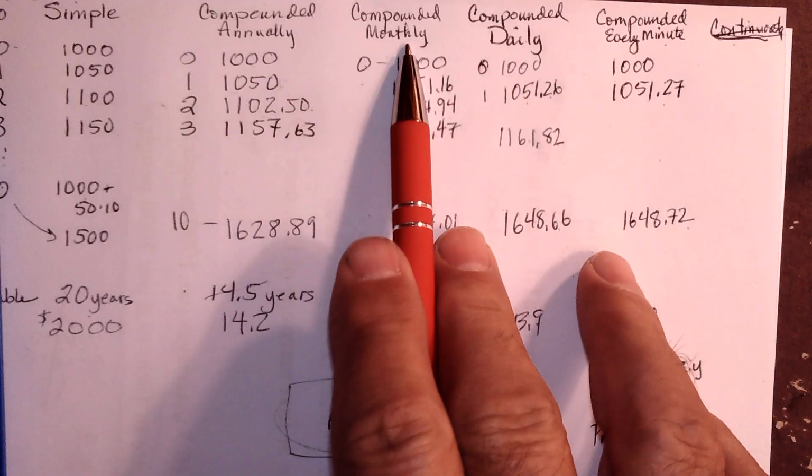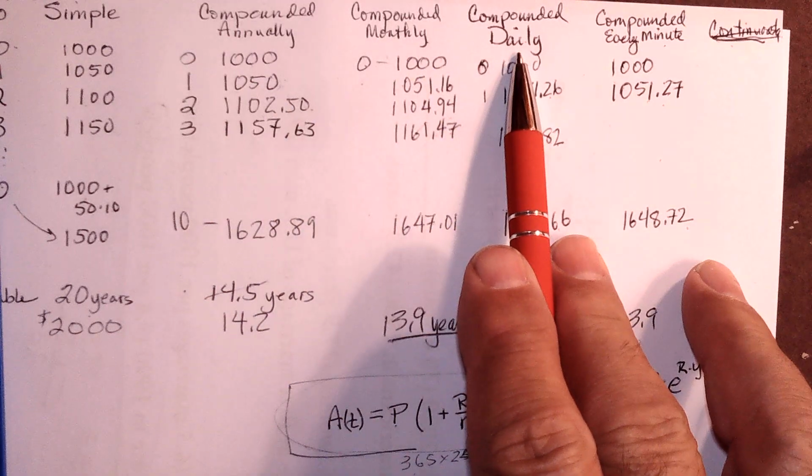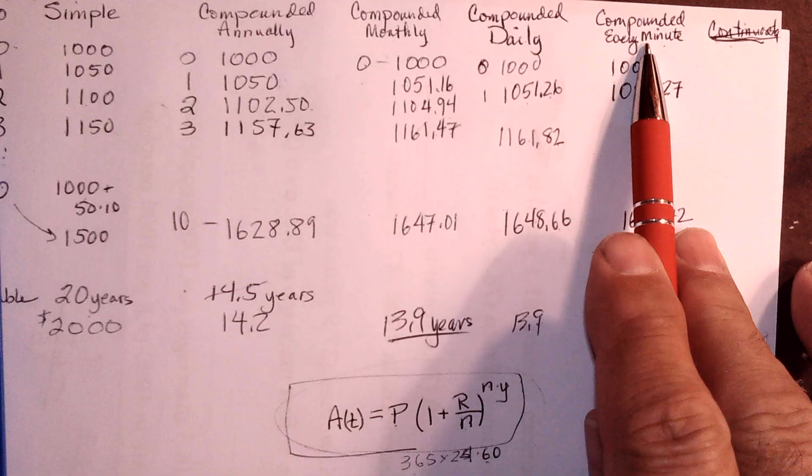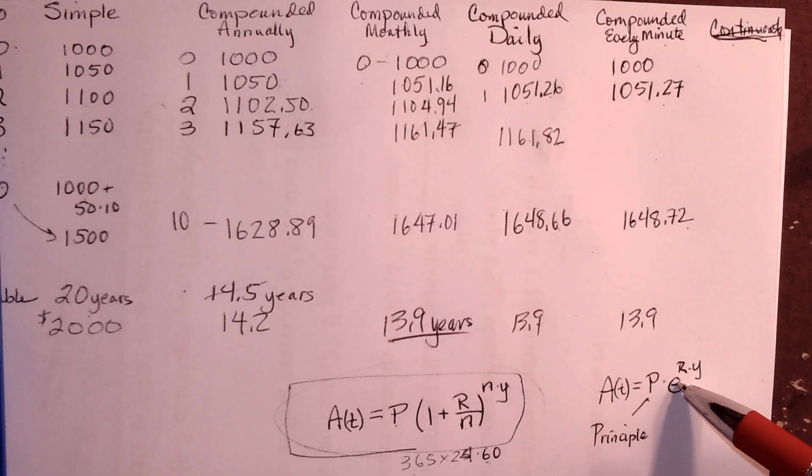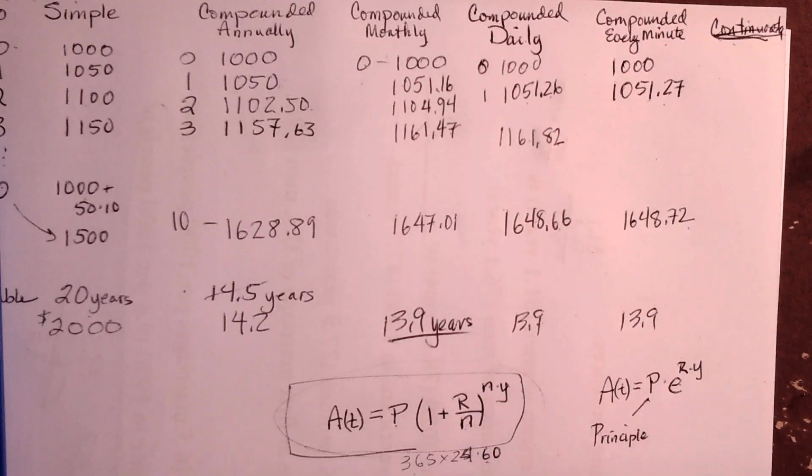n is 1, n is 12, n is 365, n is a messy number. Continuously, we don't have to worry about that. We don't have to figure out this messy n, and this part to the nth becomes this part right there, e to the r, and then we take it times y.